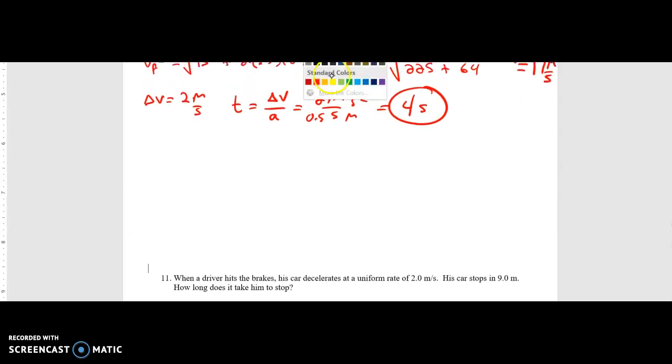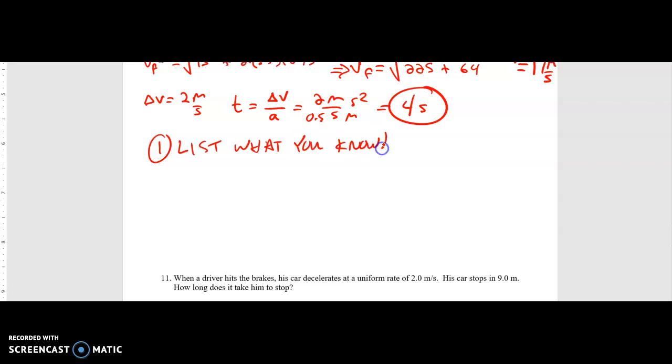Step 1: List what you know. Step 1A: Find other stuff from what you know, if possible.